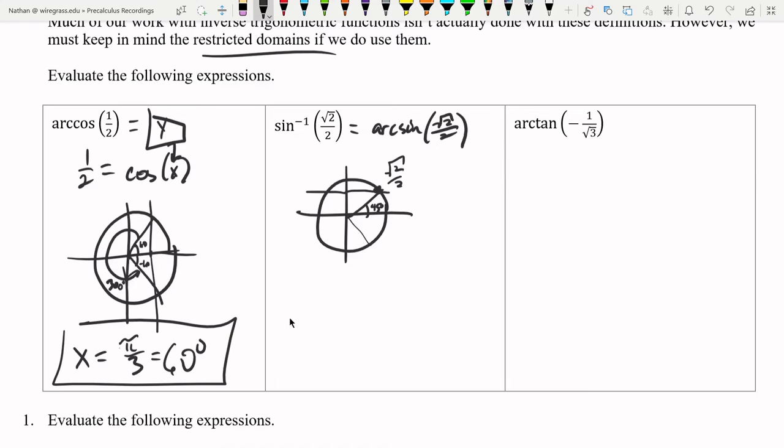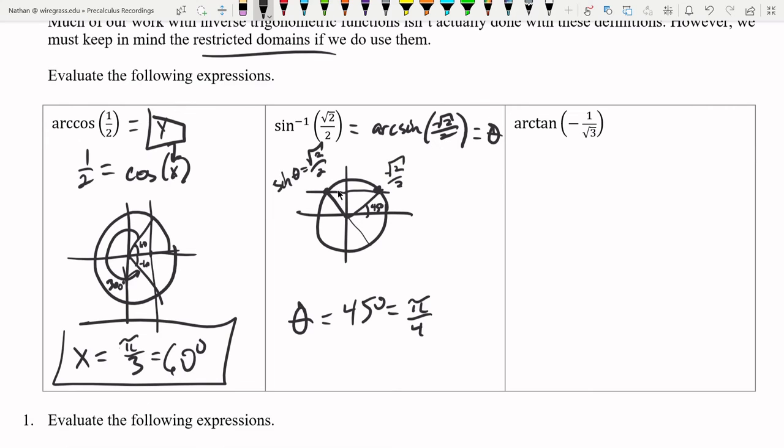And that's the same thing as, so you could say this equals x or theta, it doesn't matter. We can just say theta. Theta equals 45 degrees, which is the same thing as pi over 4. Now, of course, this is also a valid solution to sine theta equaling root 2 over 2.